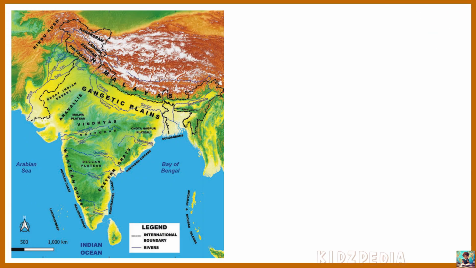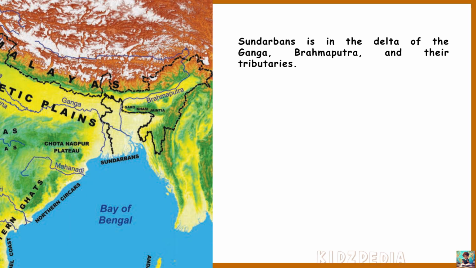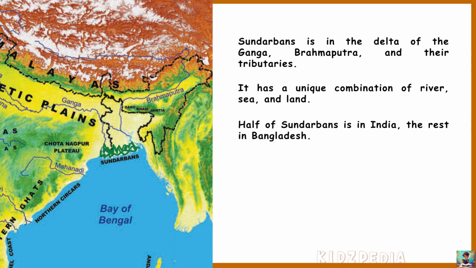So, as we move from the islands back towards the eastern side of the Himalayas via the Bay of Bengal, we reach the Sundarbans. This area is in the delta of the Ganga, Brahmaputra and their tributaries. The Sundarbans have a unique mix of river, sea and land, creating special habitats. About half of the Sundarbans is in India and the rest is in Bangladesh.